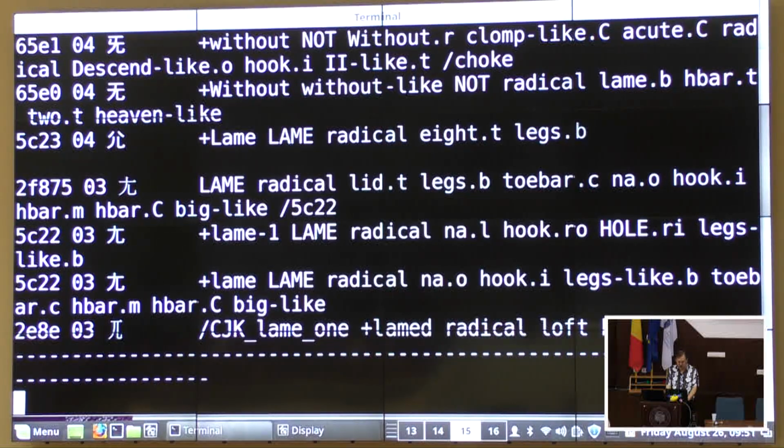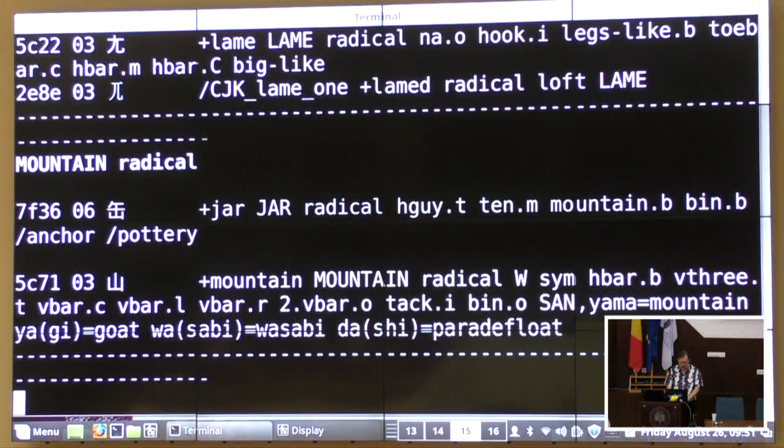More than most. Many of them, mountain radical. There's only one. But jar looks like it has a mountain in it, so it listed that too, but that's a different radical. So anyway, they got all these radicals, 200 or so. That's not nearly enough.